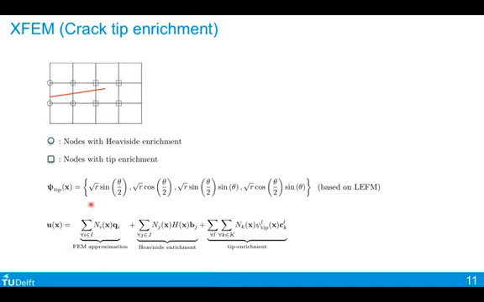We have the standard finite element approximation. We have the Heaviside enrichment term, which we described in the previous slide. And we also have the so-called tip enrichment term. Here we make use of these analytical tip enrichment functions, and we allocate additional degrees of freedom to interpolate these shape functions.